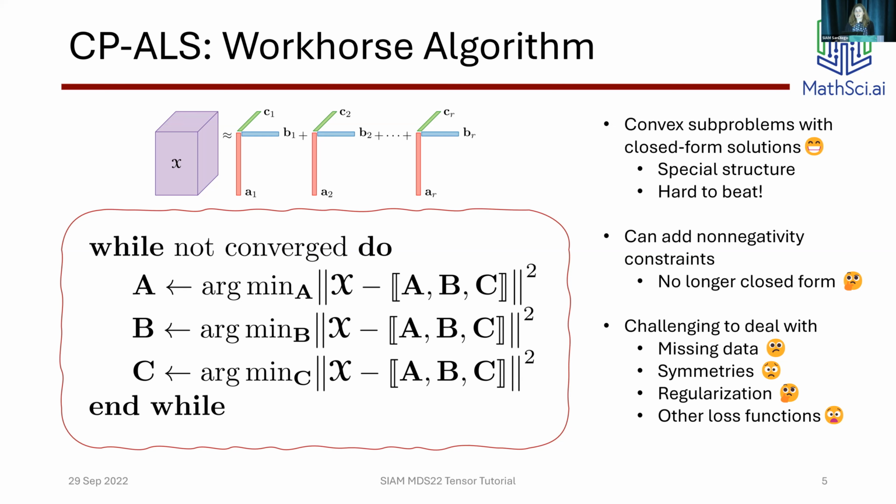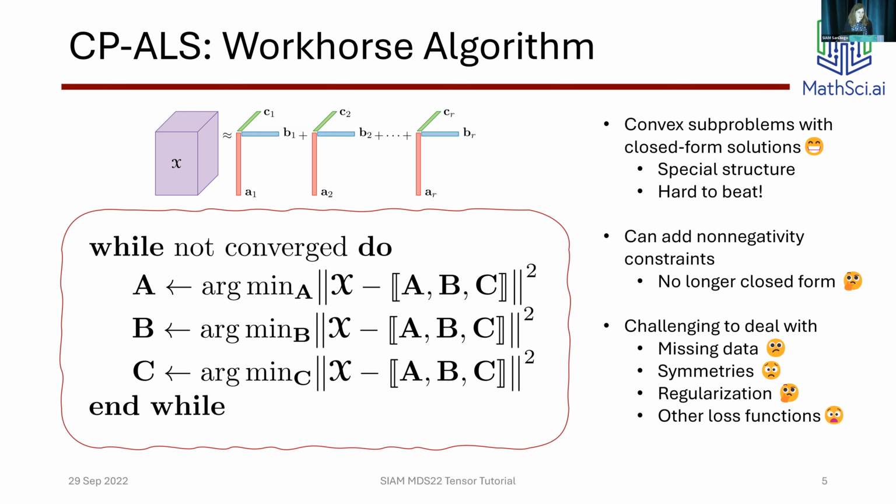Not only that, it has special structure that makes it a little bit cheaper than a normal least squares problem. This makes it a really hard method to beat. This method was in both of those original 1970 papers, and it continues to be the method to beat to this day.